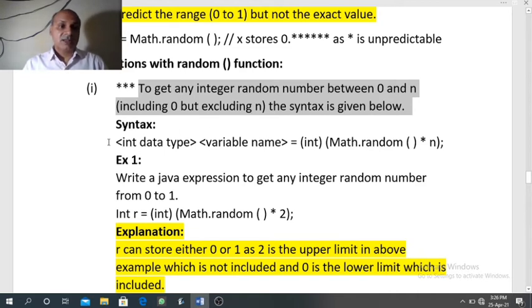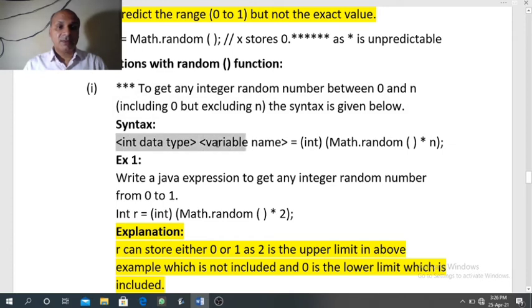So first we write the int data type, then the variable name, because the answer will come in integer value. Typecasting to int is required here because the random function gives a double value by default.